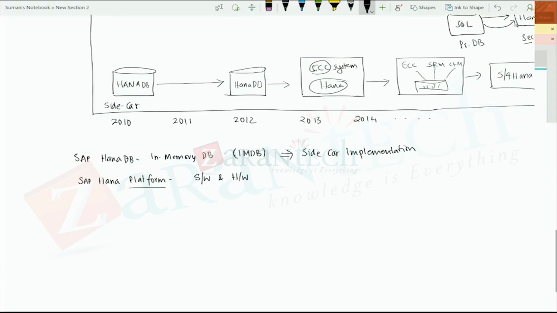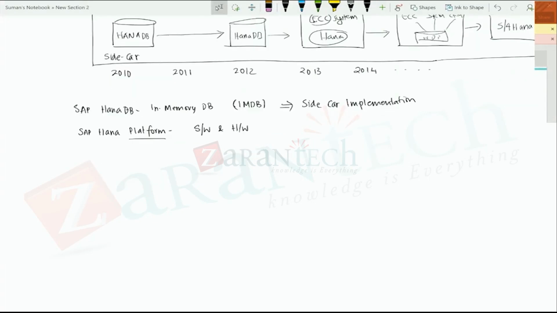So let me give you a perspective of what I'm talking about, right? Traditionally, when you look at SAP's product, be it your traditional SAP ERP, your SAP BW system, CRM, SRM, and so on, what used to happen is SAP was only focused on the application layer.